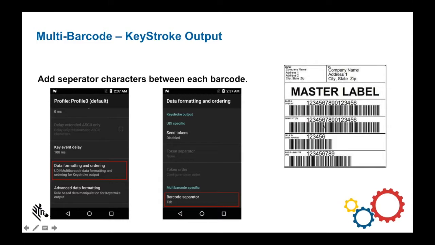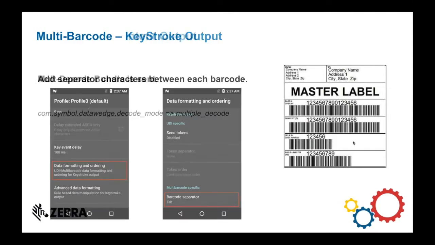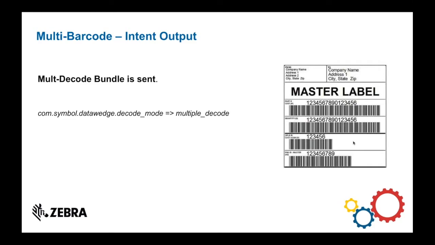So this barcode here would be sent, and then it would add a tab, and then the next one would be sent. The tab would basically be inserted in between those strings. So maybe your form was set up in such a way that it would go to the next field. Maybe that's what you want to do, and all the barcodes would be put into the proper fields, or if you're handling it a different way, you would be able to take care of it that way, okay?